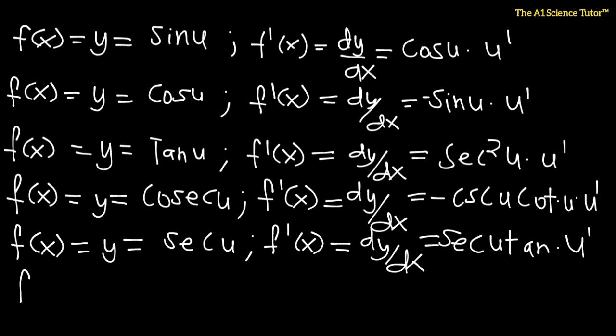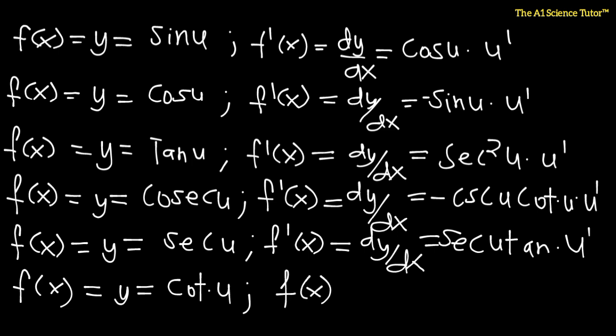Now the last one, we have f of x, and that is equal to y. So we take the reciprocal of tan u, which is a cotangent. That will be cot u. So dy dx is going to be negative cosec squared u multiplied by u prime. So these are the first derivatives of our trigonometric functions.